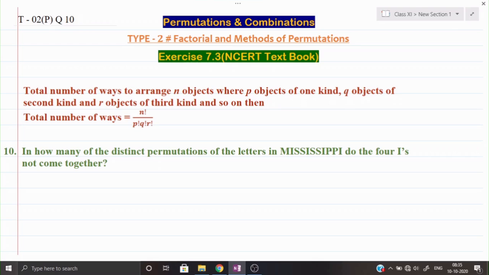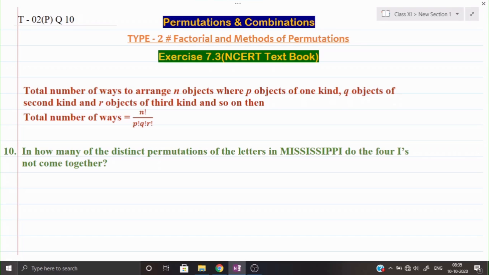Now remember, the condition of repetition allowed or repetition not allowed will not apply here, because the letters themselves are already given with repetition. So automatically repetition is there, and such criteria will not work in this kind of question. Now if I want to find out the total number of words, I can find that with the help of the formula factorial n upon factorial p, factorial q and factorial r.